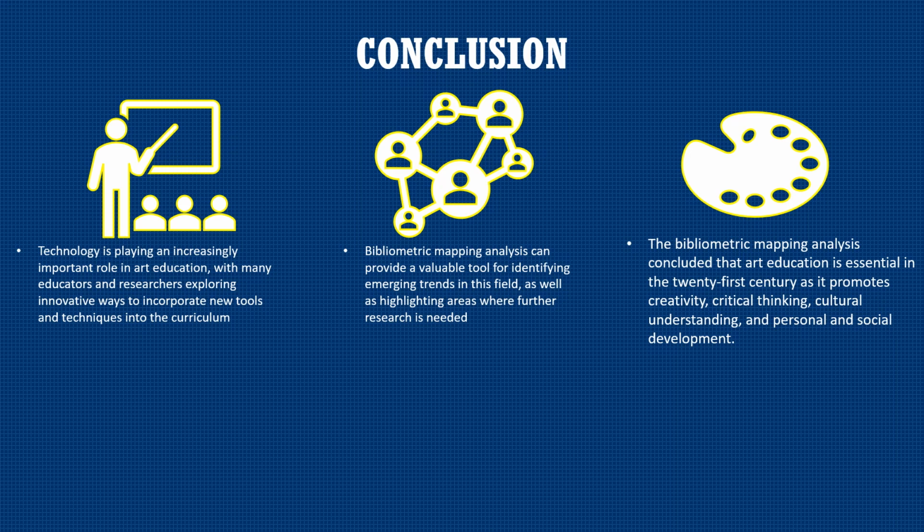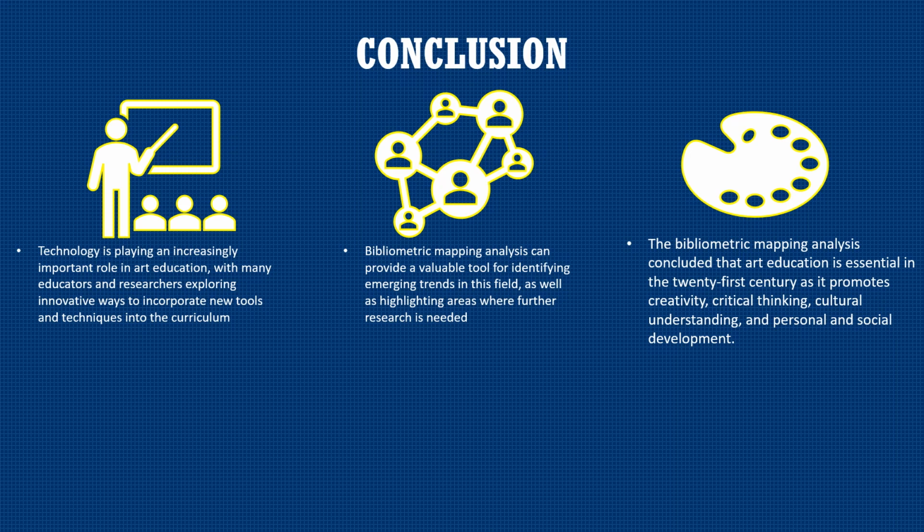effectively in this context. As emerging technologies continue to develop, such as virtual reality and artificial intelligence, it will be important to explore how these tools can be integrated into art education and what implications they may have for the field. By addressing these questions and others, researchers and educators can help ensure that art education remains relevant and effective in the 21st century.